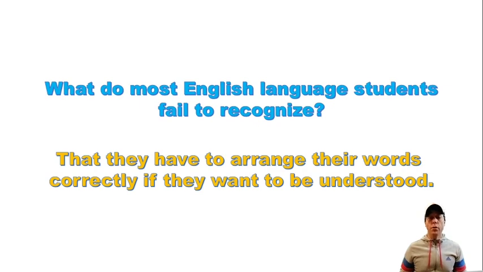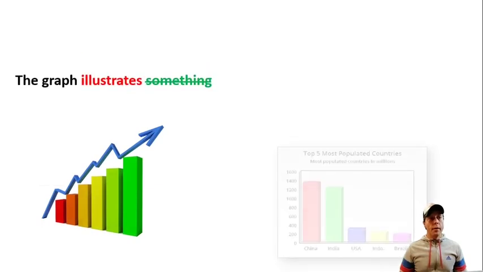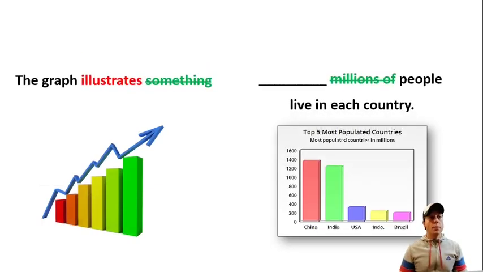So you've got to be careful not to answer a complex question with a mental verb in principal position with a sentence. You need a pronoun at the beginning of your answer. Okay, here's another word, mental verb, illustrate. The graph illustrates information. Millions of people live in each country. So we've got China, India, USA, Indonesia, Brazil. Okay, we're going to substitute a quantity because millions of represents a quantity. Let's have a look.